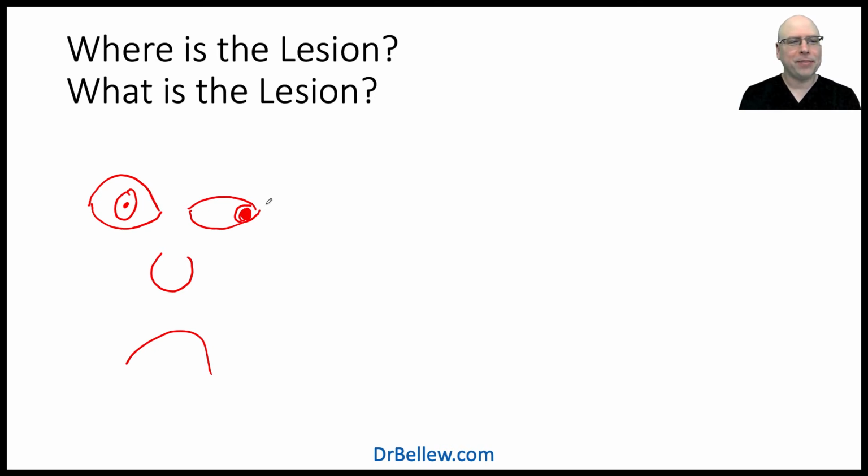So we're looking at a patient with a dilated pupil, down and out eye deviation. What are you thinking in terms of etiologies for acute third nerve palsy? PCOM aneurysm or diabetes?